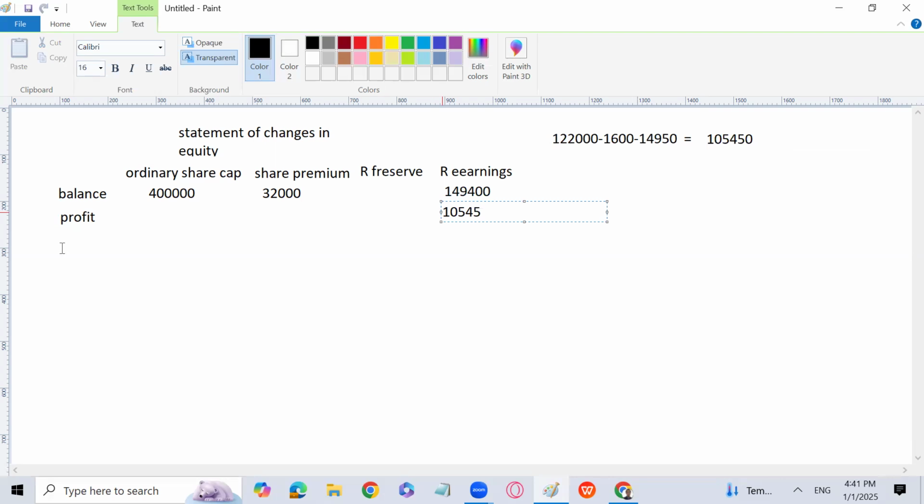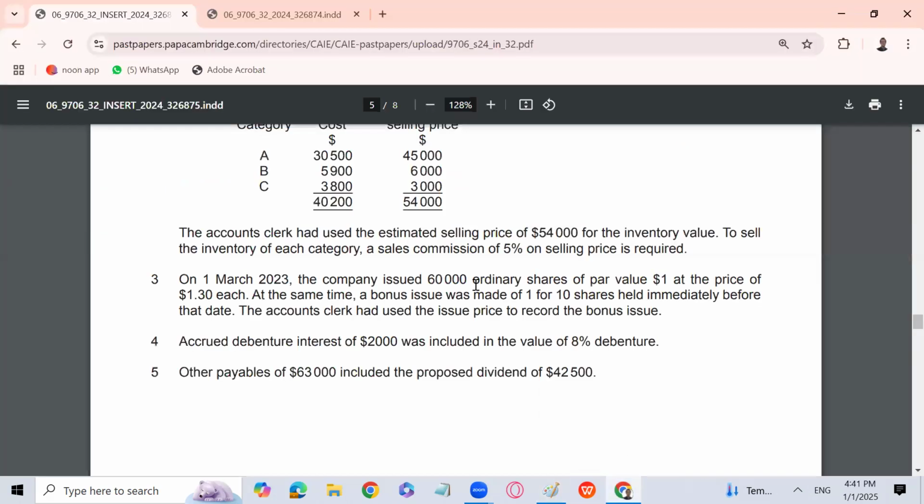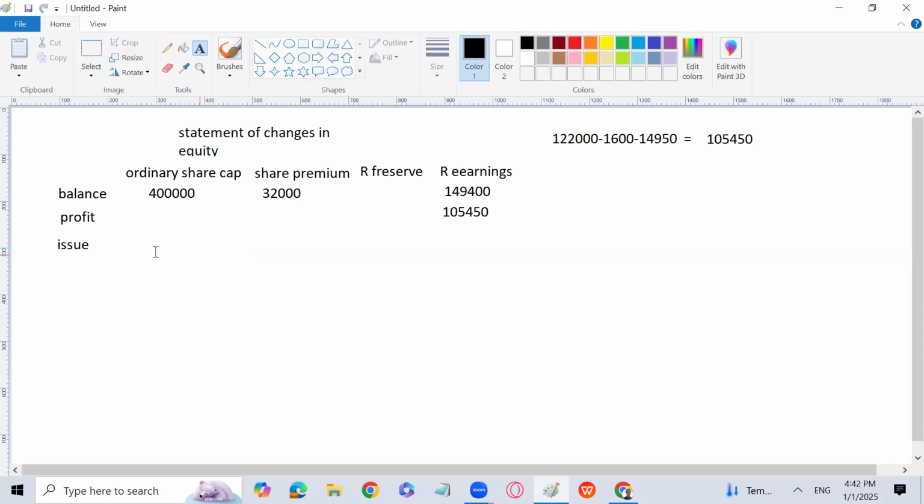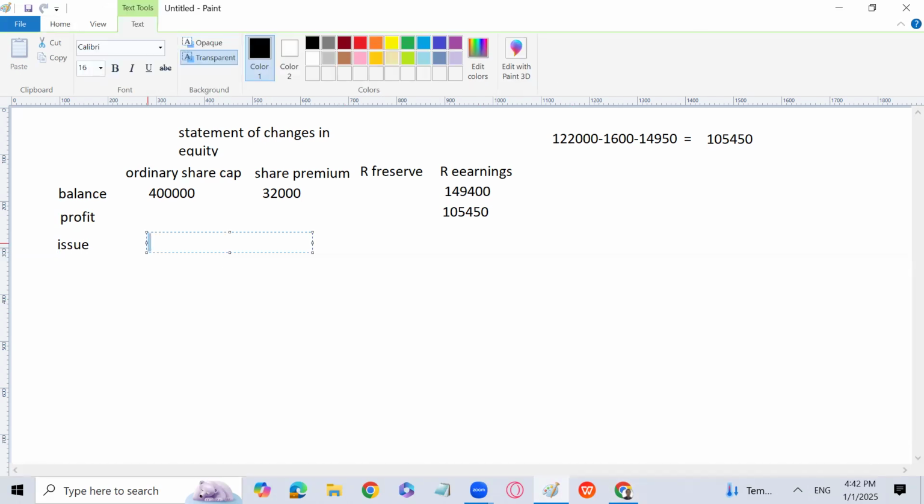Next is the issue of shares, which we have done. Normal issue, that is 60,000 at 1.3, right? So 60,000 is the amount of share capital, and 18,000 is going to be the share premium. Okay, now we are going to go for the bonus issue.